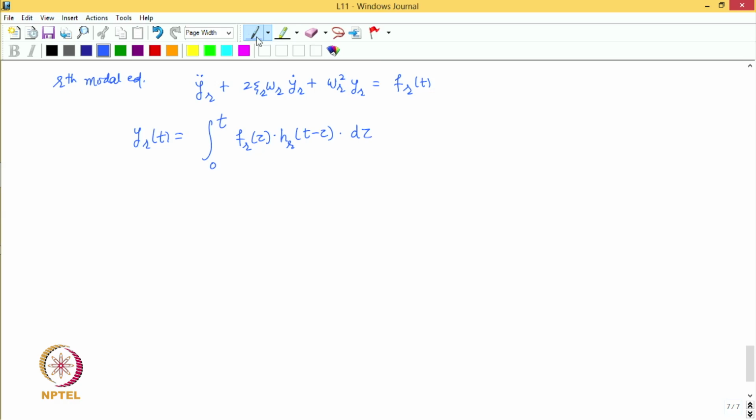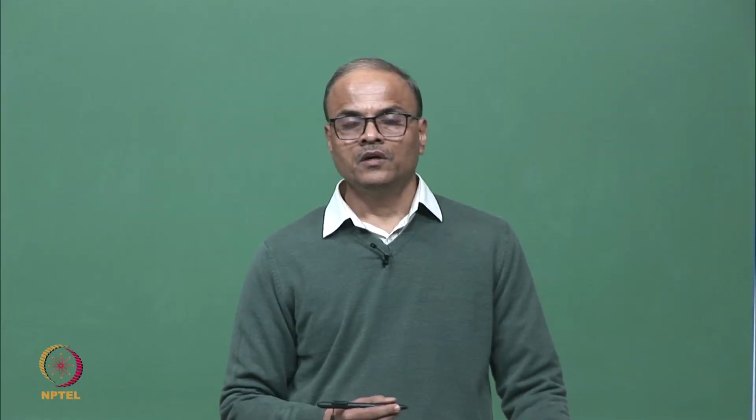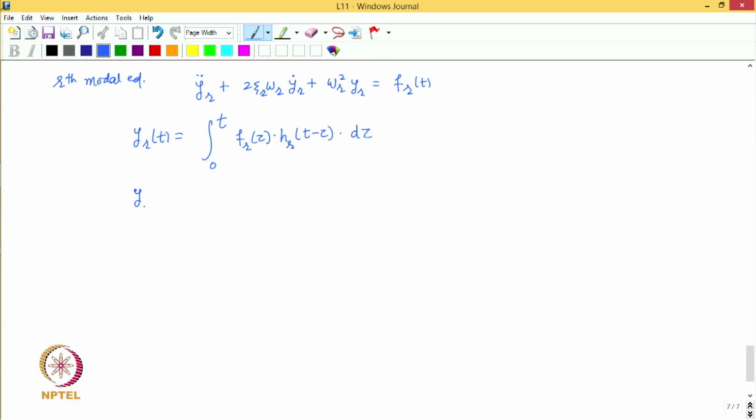So, here now we can use the impulse response function of the single degree of freedom system we got, right, to find out the response in the Rth mode, and therefore, we can write y r t is equal to integration 0 to t f r tau. Now, h r tau we will have here, the mass m for the modal mass for the Rth mode is 1.